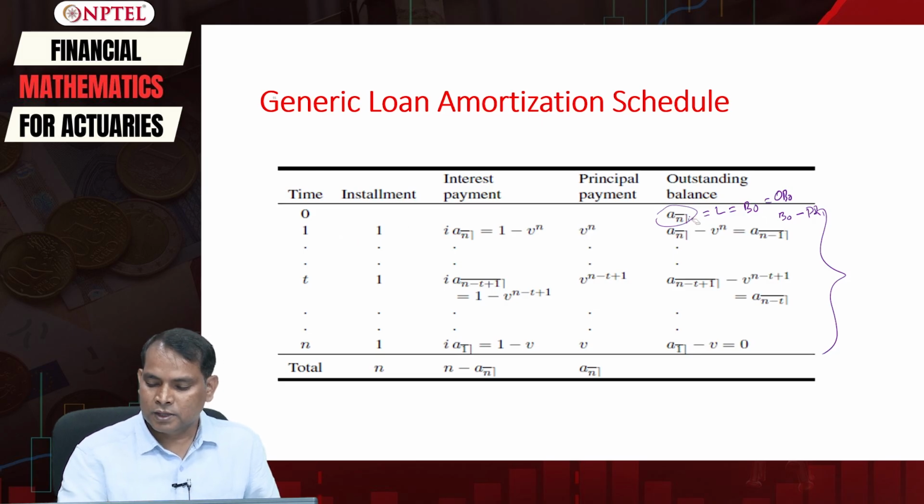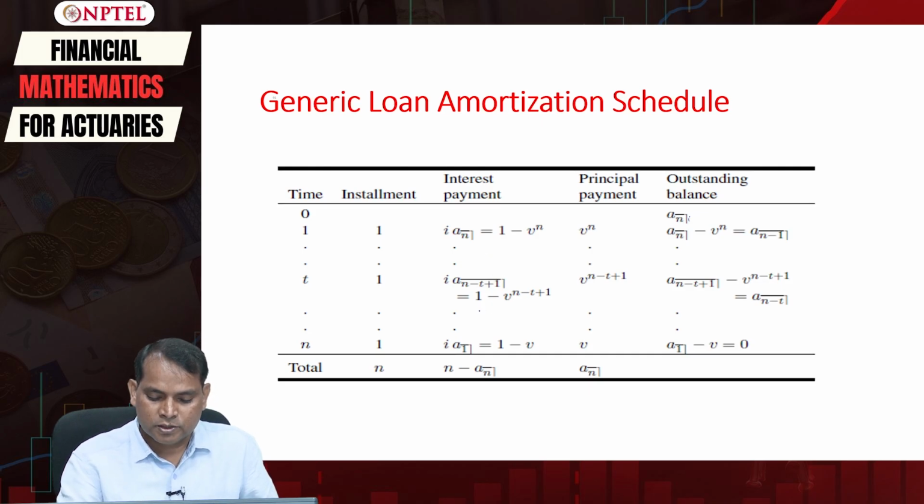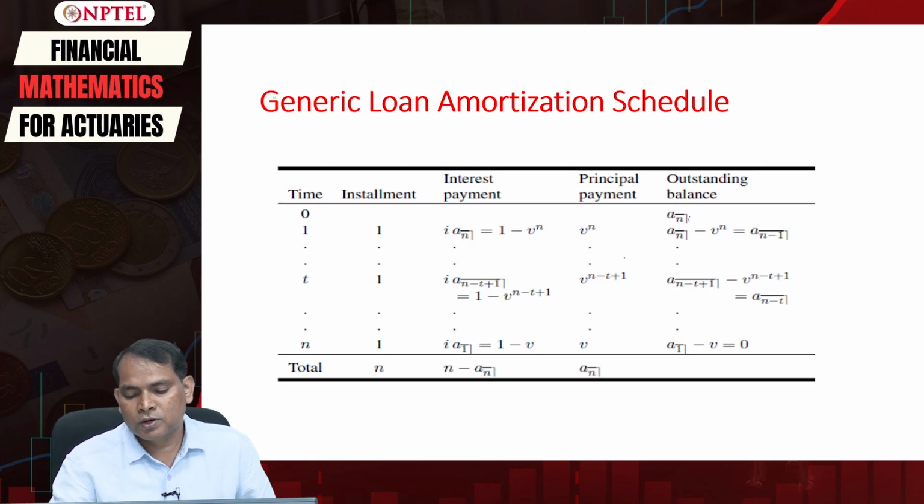Like this, if you go on for t periods, the total amount that goes towards the interest payment is 1 minus v to the power n minus t plus 1, the amount that goes towards the principal reduction is v to the power n minus t plus 1, and the outstanding loan balance at period t is a angle n minus t at i.